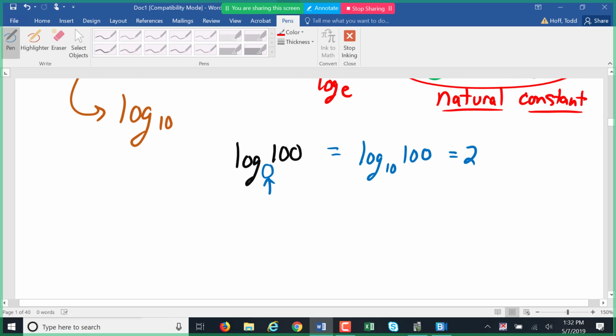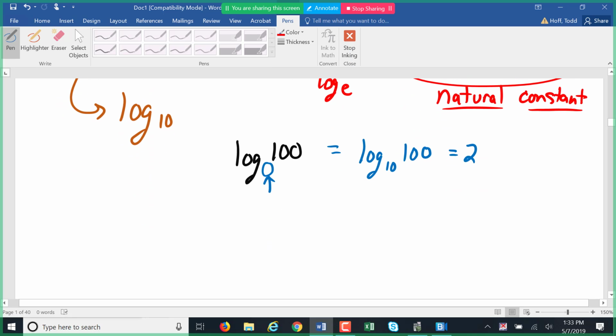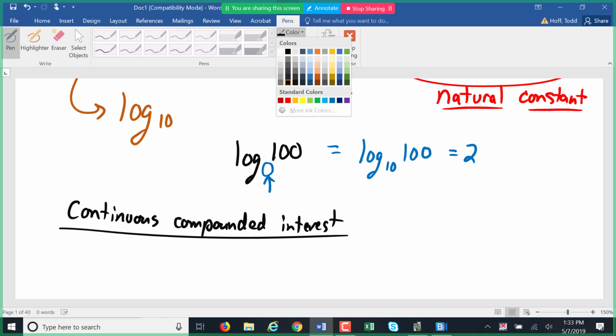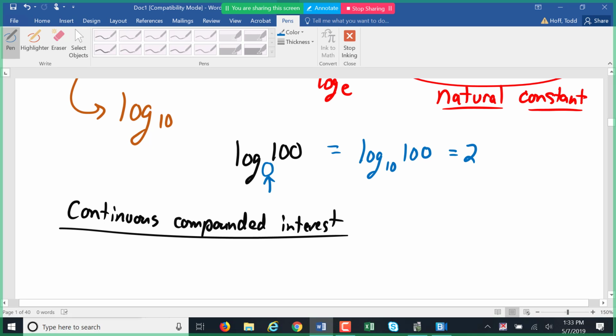Continuously compounded interest. We looked a little bit at annually compounded interest yesterday. Continuously compounded interest, the balance is equal to the principal times E to the power of the rate times time.